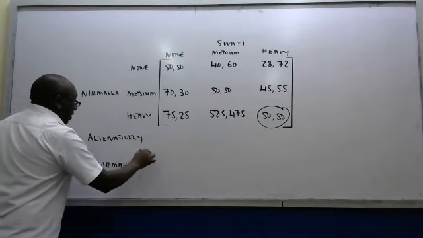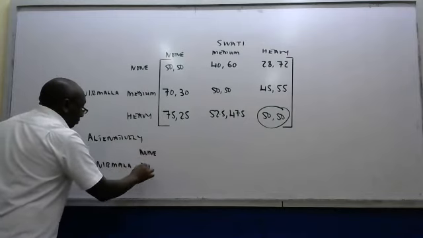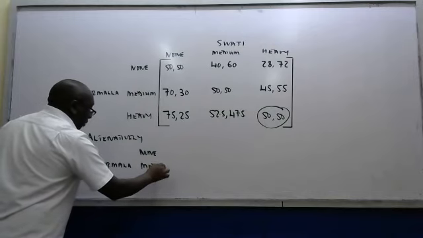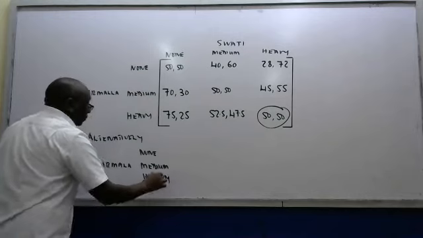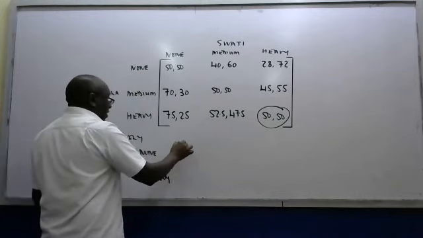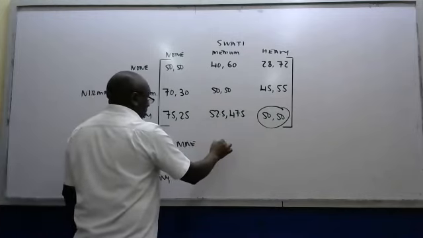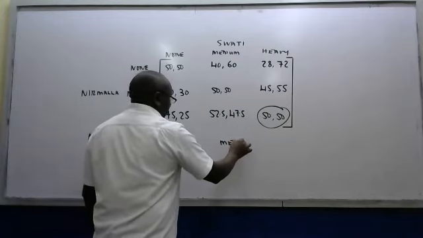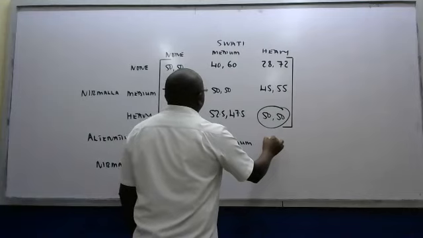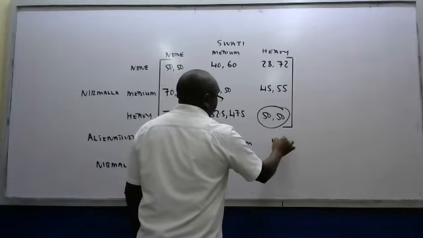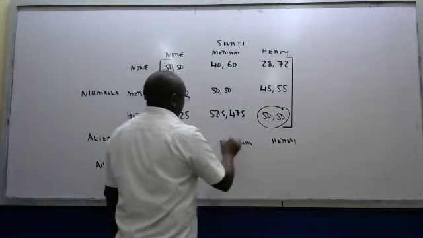Nimara, we have none, we have medium, and we have heavy. Here we have none, we have medium, and we have heavy. This is SWAT.